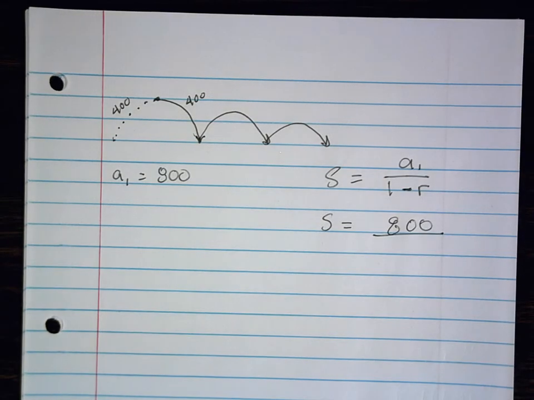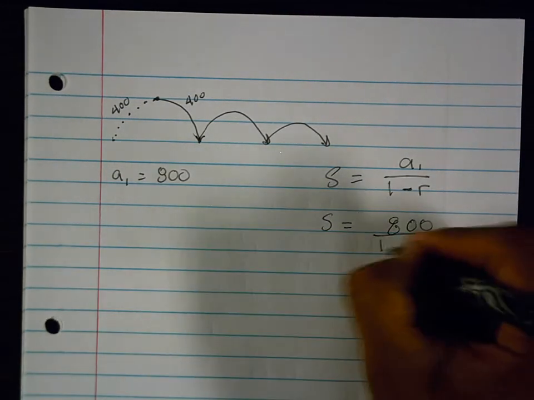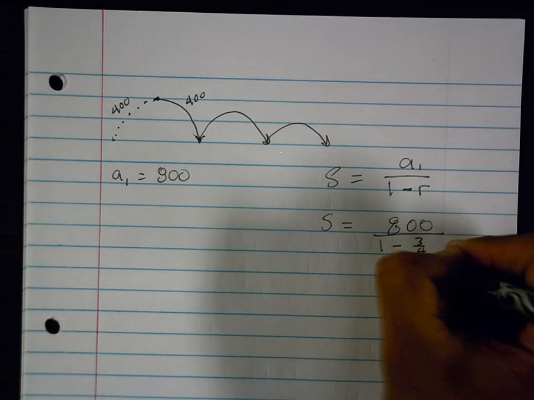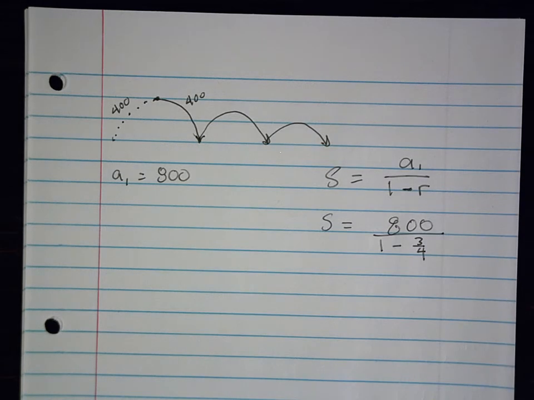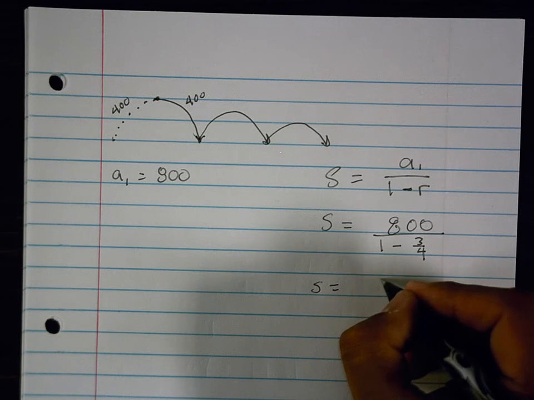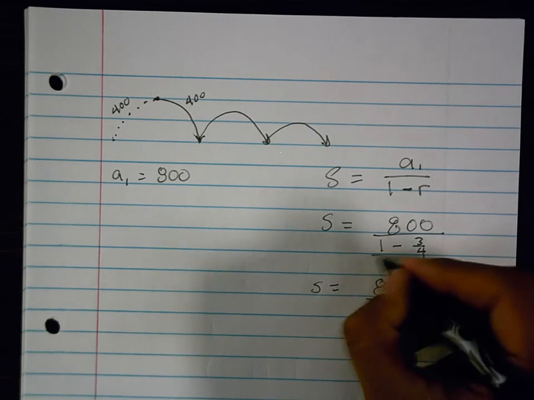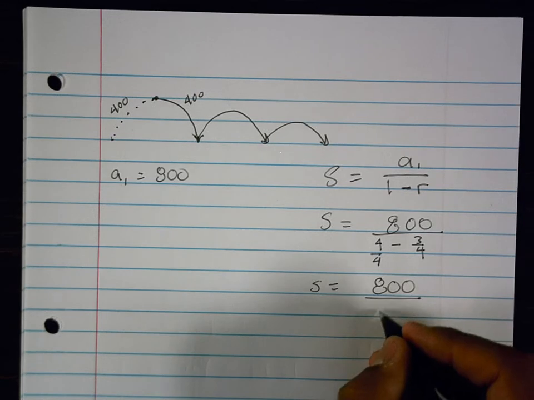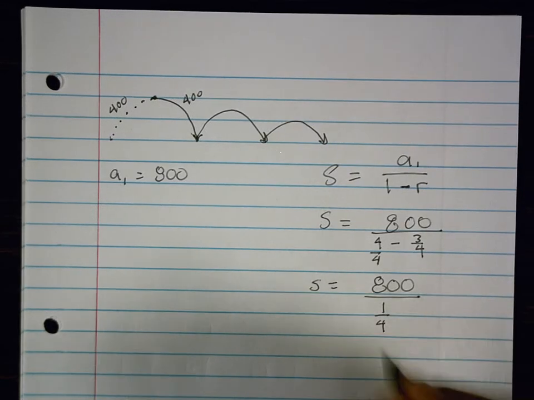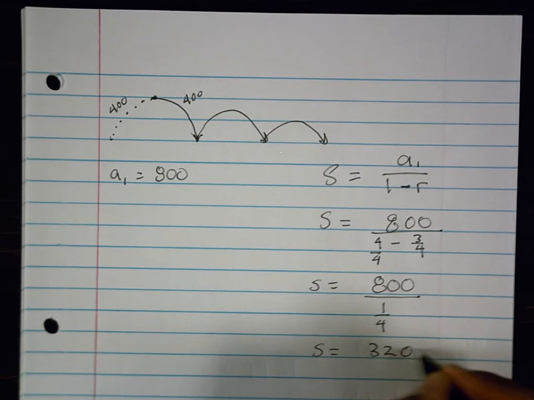I don't need to worry about finding A sub 2, but what I know is that it recoils 3/4 of the previous one. So that's going to be 1 minus 3/4, and that's our R. Now work this out. We're looking at S equals 800 all over 1 minus 3/4, you can convert that to 4 over 4, and that is 1/4, and that means 800 times 4, and S equals 3200.